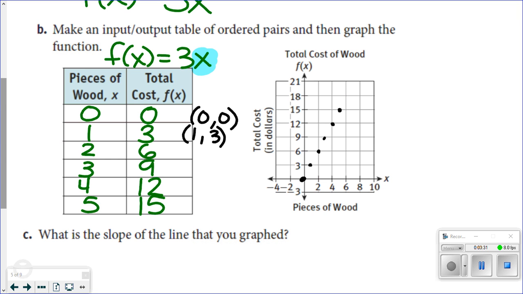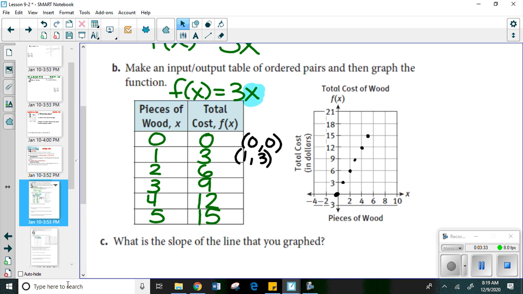Then, actually what I'm going to do is I am going to take a line and I'm going to connect this, and notice that my line has an arrow at the end of it.